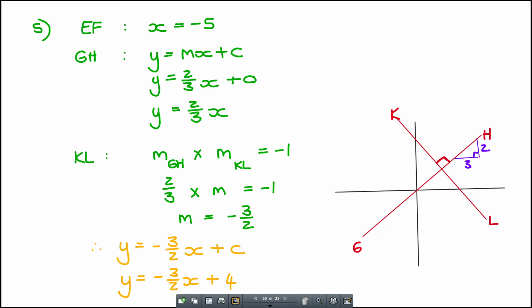Okay, en dan het ek mos nou daai gradiënt van GH, 2 op 3, gaan instel. Maal met die gradiënt van KL, moet vir my gee minus 1. Okay, nou eintlik wat ek dan doen, is ek vat hierdie maal 2 op 3 en ek vat hom oor, en sê gedeel deur 2 op 3, en dis hoe ek dan kry daai minus 3 op 2.